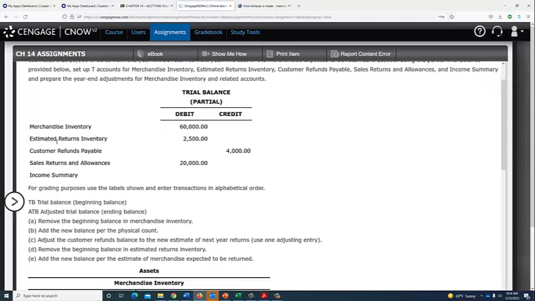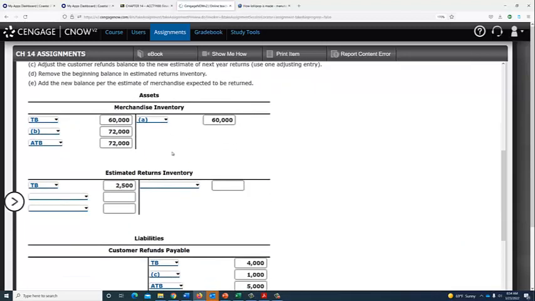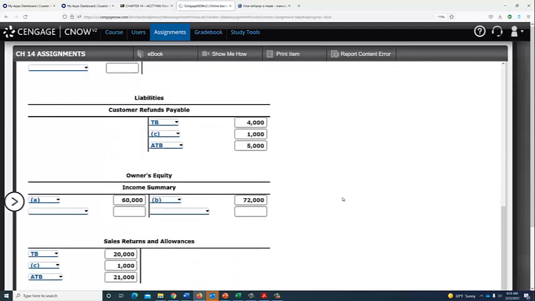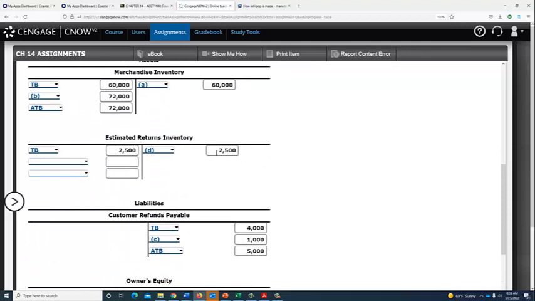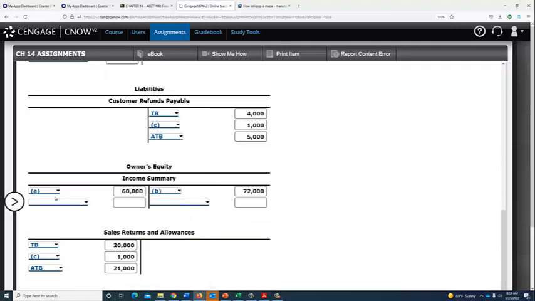So we have the estimated returns inventory now at $2,500. So since it's another inventory account, we're going to use that two-step process again. We're going to remove the old number to bring this account to 0, and then we're going to run that offsetting debit through income summary.